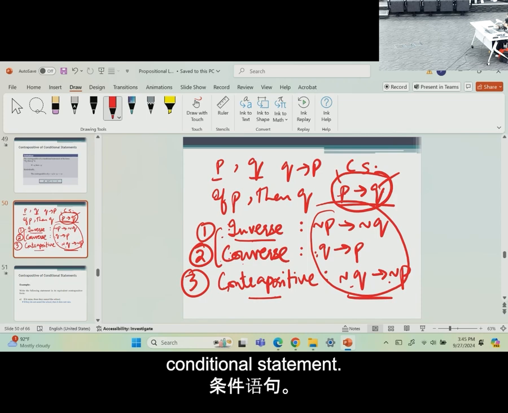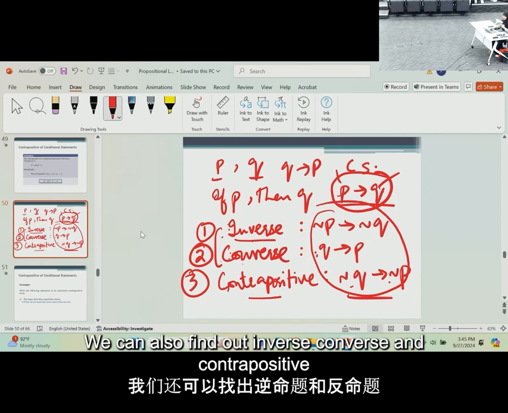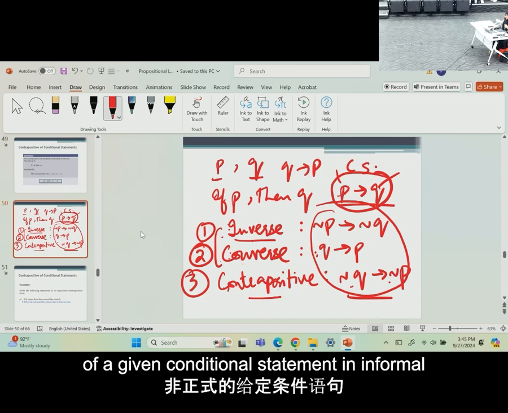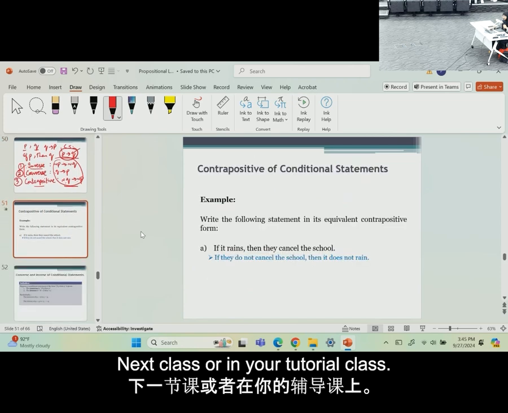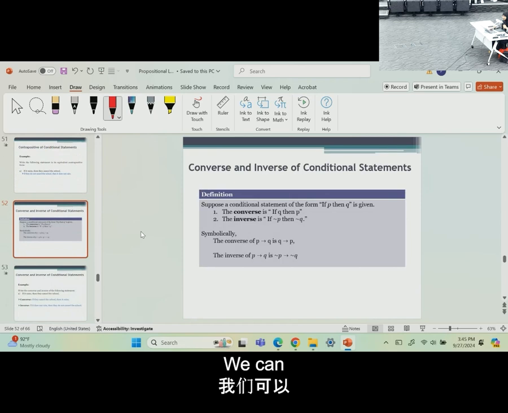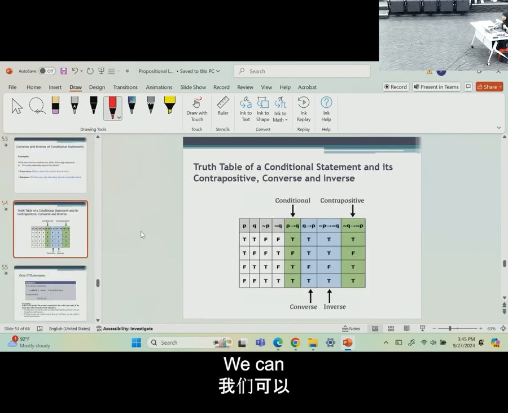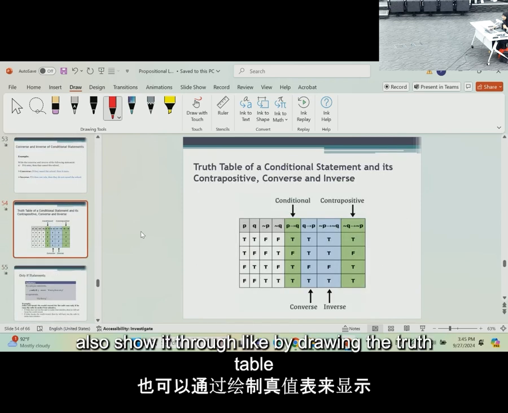All right? And we can also find out inverse, converse, and contrapositive of a given conditional statement in informal form, which is your English statement. That we will look at in your next class or in your tutorial class. We can also show it by drawing the truth table.